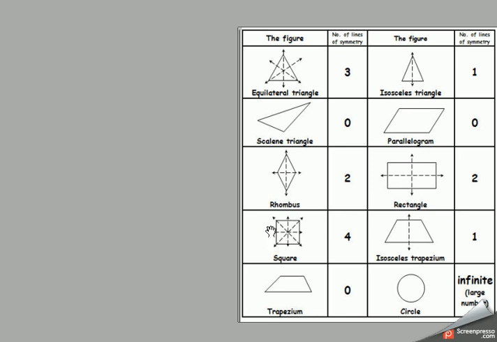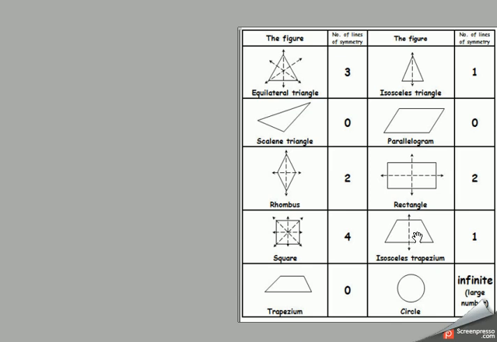Square: the 2 diagonals and the vertical and the horizontal are lines of symmetry of the square, so the number of lines of symmetry of the square is 4. Isosceles trapezium: draw the line perpendicular to the base, and these 2 sides of the trapezium are equal in length, so it has only one line of symmetry.